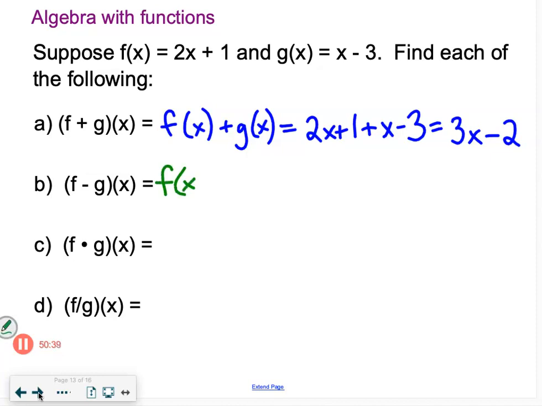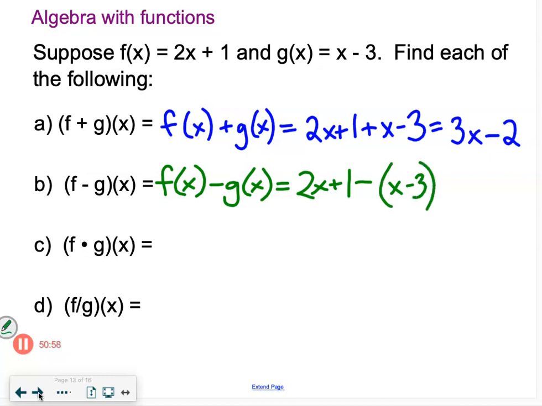All right, if I write f of x minus g of x, what do I have to put g in? Parentheses, because I've got to make sure I subtract the whole function, not just the first term. Really important, you subtract the whole thing.